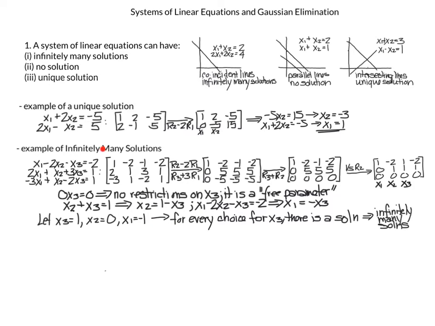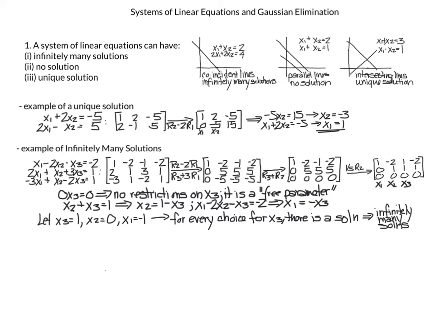And if I plug that in, you can see that x1 equals minus 1, x2 equals 0, and x3 equals 1 is a solution to the system of equations. And I could have chosen x3 equals 0, as I said, or x3 equals 2, x3 equals 1 million. So for every choice of x3, there is a solution. You can solve for x2 and x1, and that will solve the system of equations, which means there are infinitely many solutions.